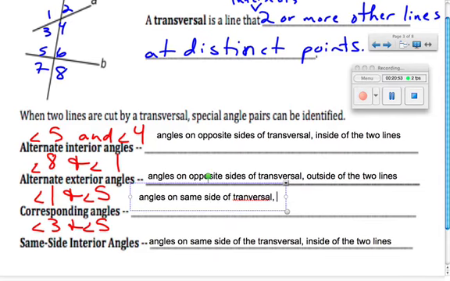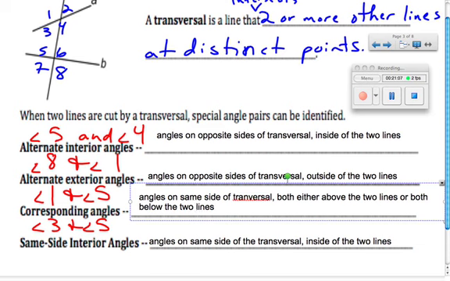And then if I wanted to be as elaborate and thorough as possible, I might say both either above the two lines or both below the two lines. And I know that takes up perhaps quite a bit more space than you have there, but that's as absolutely clear as I can make that.